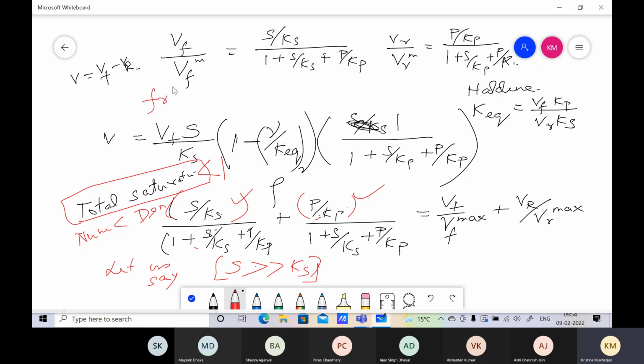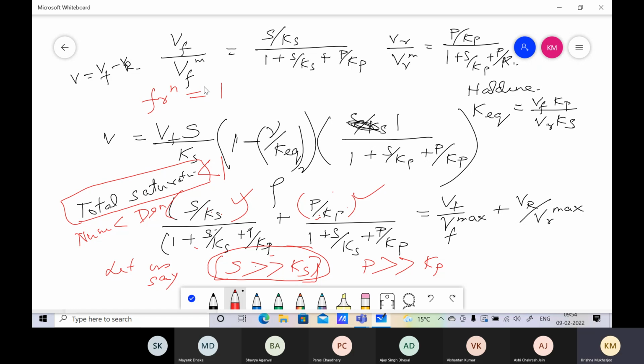We said fractional saturation was equal to 1. But now that is no longer true. To make fractional saturation equal to 1, you would also need P to be much, much larger than Kp. Only when both these numbers are very large would the fractional saturation approach 1.